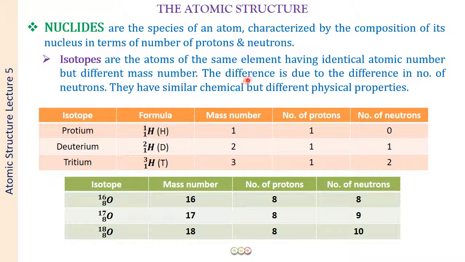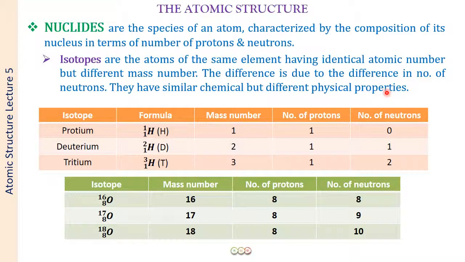And the difference is due to the difference in the number of neutrons. Why is the mass number different? Because we have different number of neutrons.